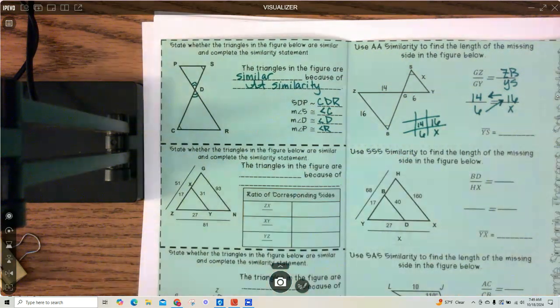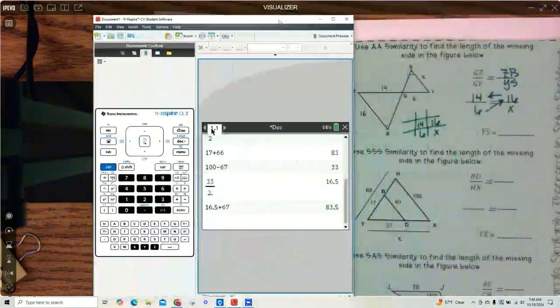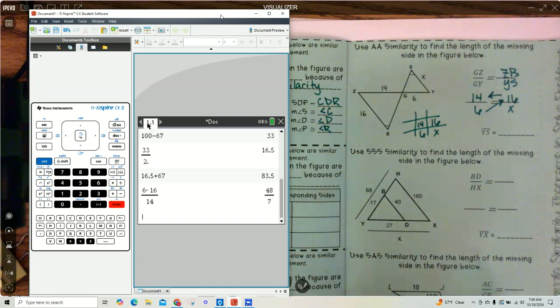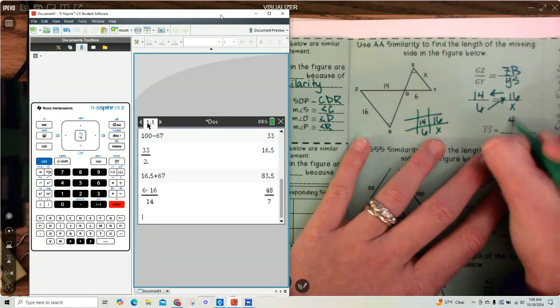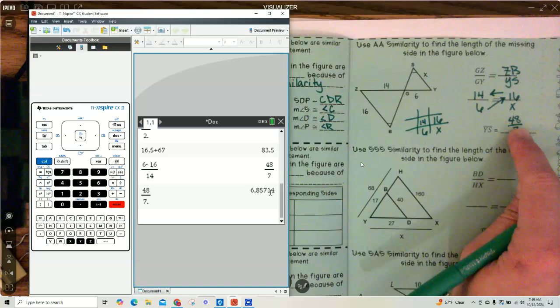So 6 times 16 divided by 14, we get 48 over 7, and it is okay to leave it in that form. We could make it a decimal if we wanted to have an estimate of the measurement, but this is the most exact form.